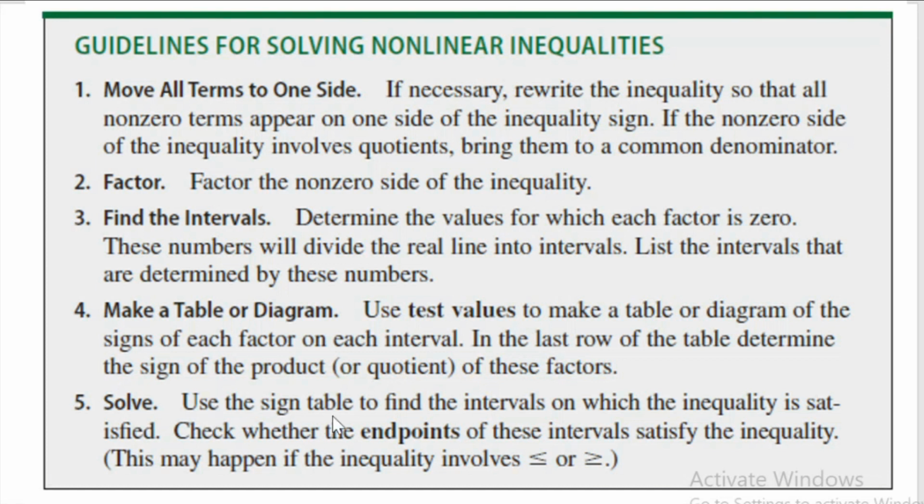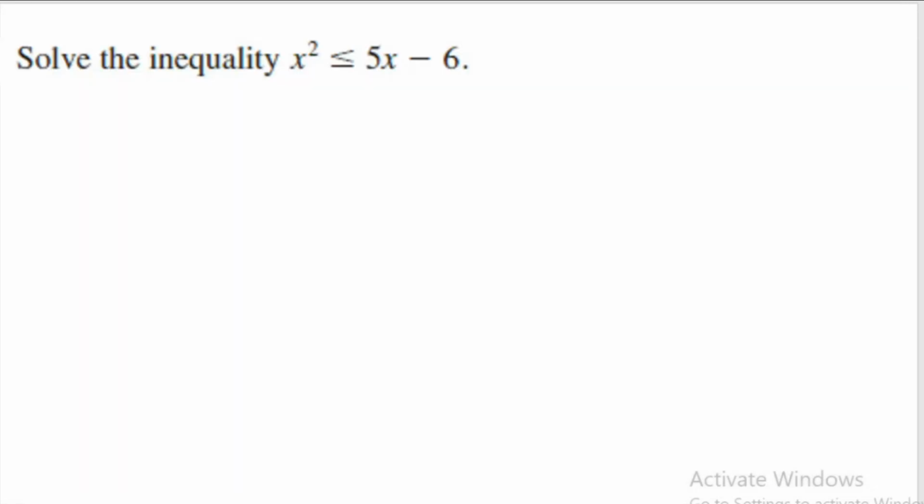Use the sign table to find the intervals on which the inequality is satisfied. Check whether the endpoints of these intervals satisfy the inequality. This may happen if the inequality involves less than or equal or greater than or equal.